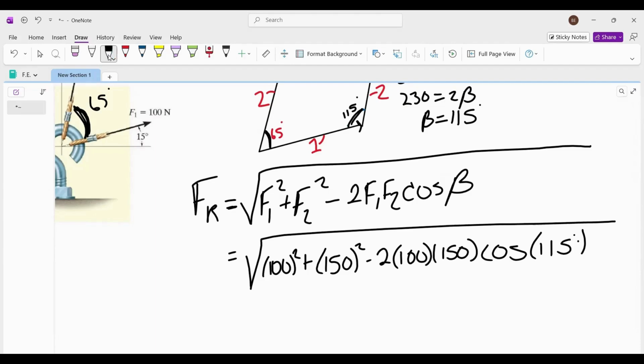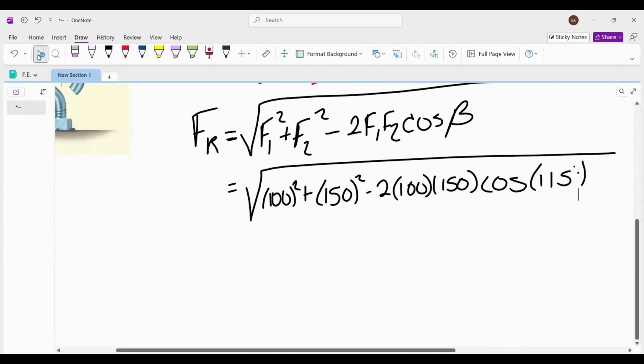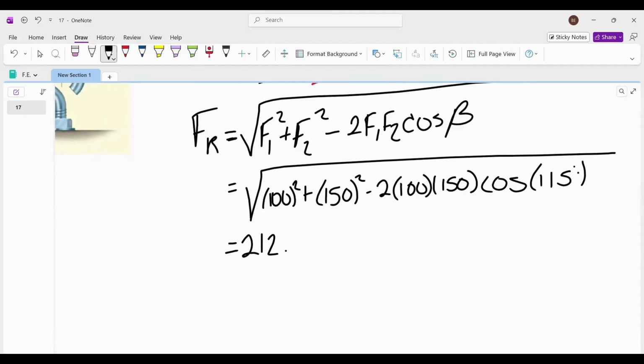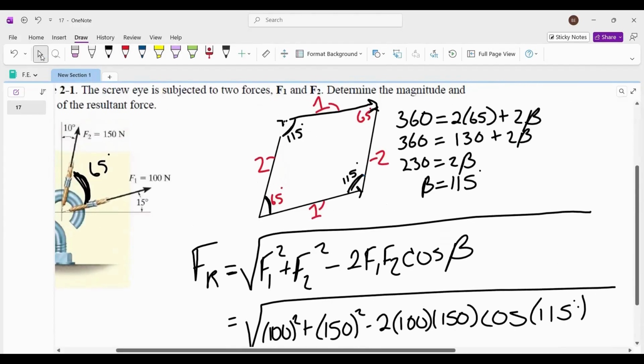So once we put that into our calculator, we get that our resultant force is equal to 212.552 newtons, or 212.6 newtons, however you want to do it, if you want to round or not.